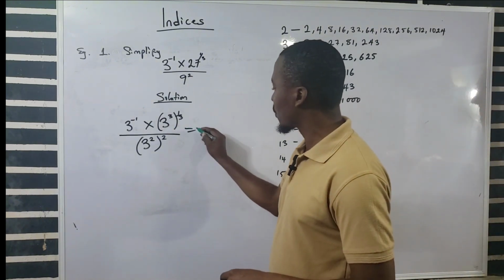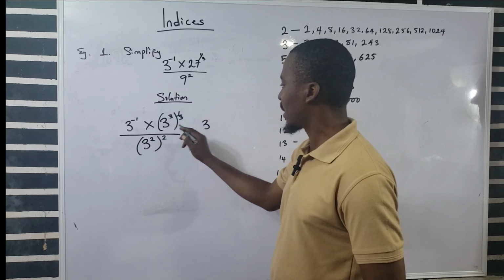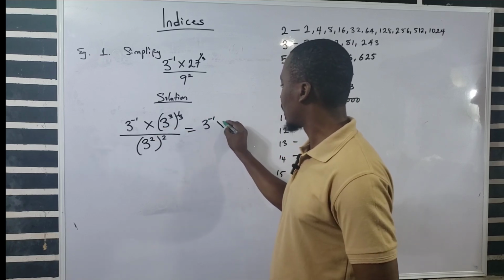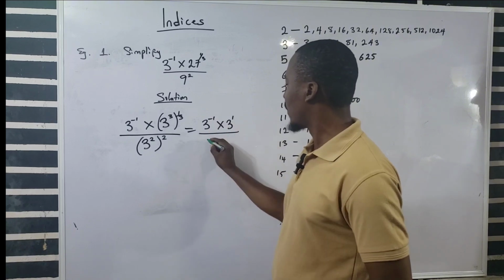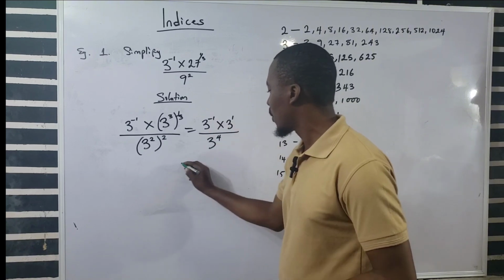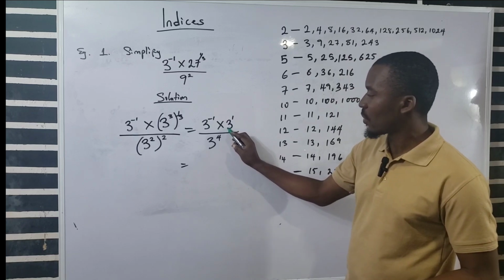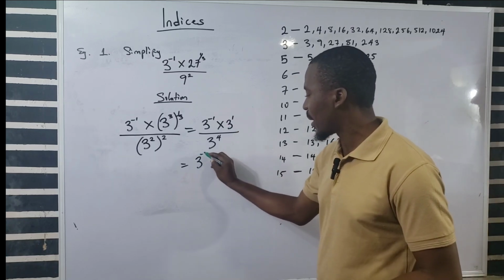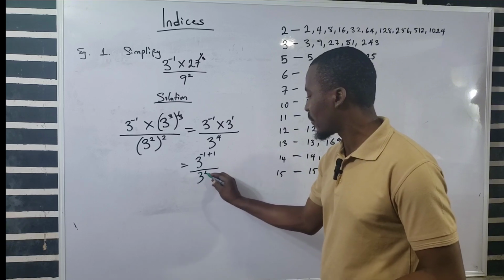So the next thing is simplifying the bracket now. So 3 minus 1 times, this one will give you 3 raised to power 1, all over 3 raised to power 4. So if you apply this particular law, that will give you 3 raised to power minus 1 plus 1 all over 3 to the 4.